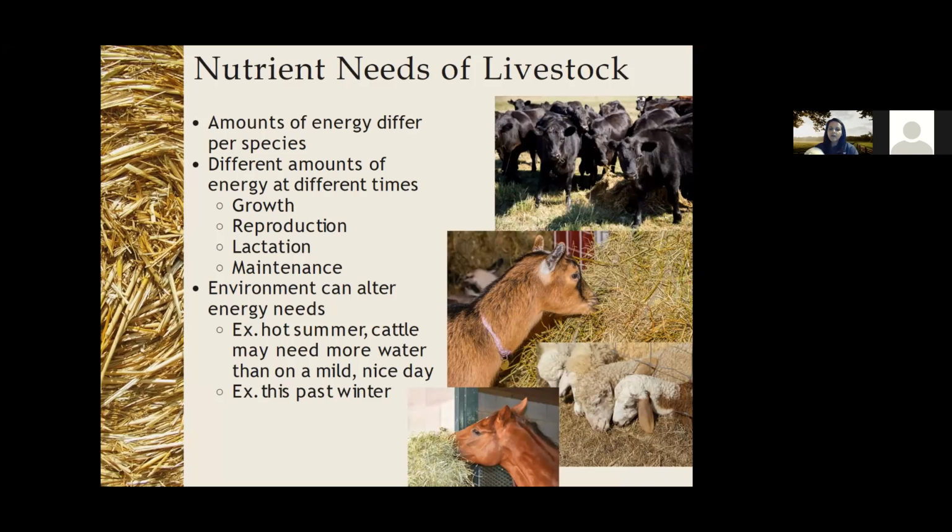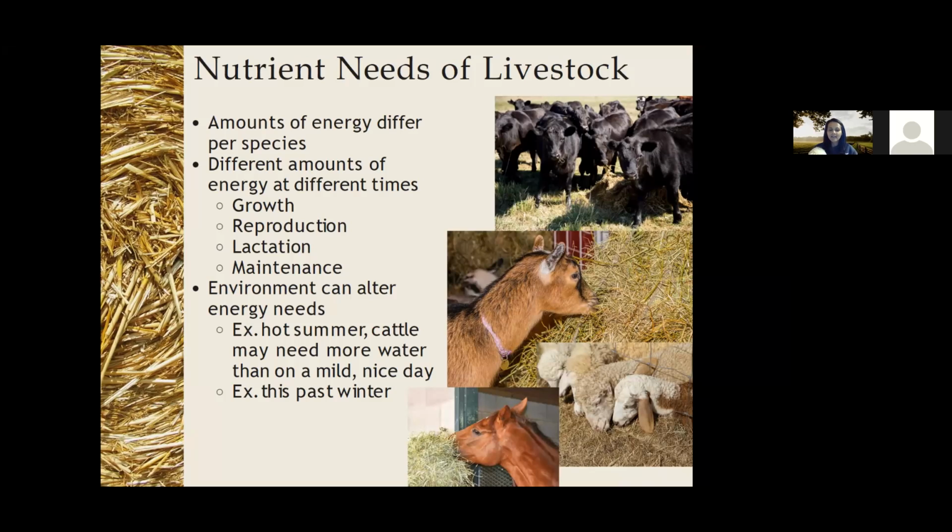The environment can also alter energy needs. I know a few years ago, we had a really, really wet winter. You might think that if there's a lot of snow, that would cause some issue. But actually, in that wet winter, we saw a lot more issues with cattle not getting enough food.